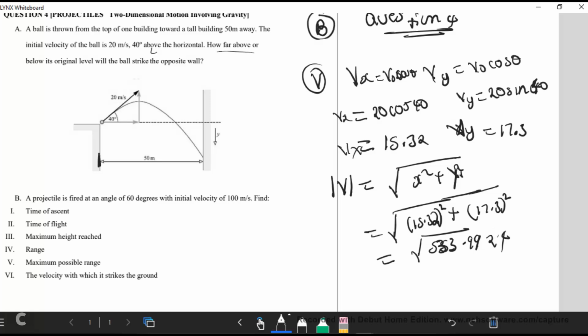What's the square root of that? The square root of that, the one that I'm finding, is 23.10 meters per second. So this is how you find this. The procedure is more important than anything.